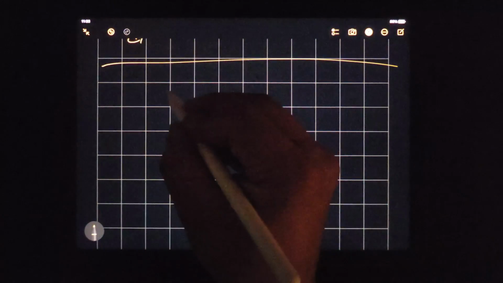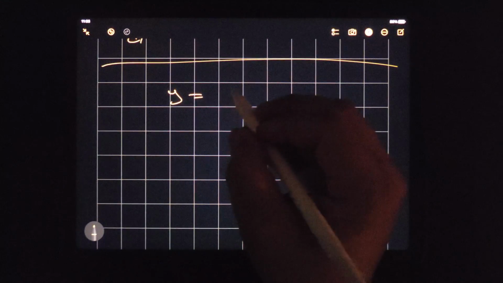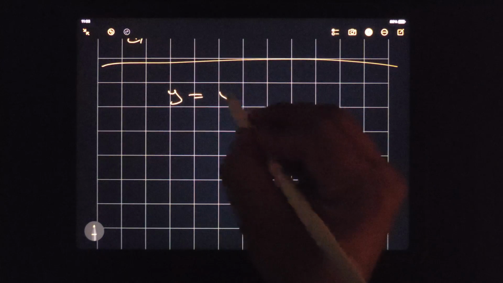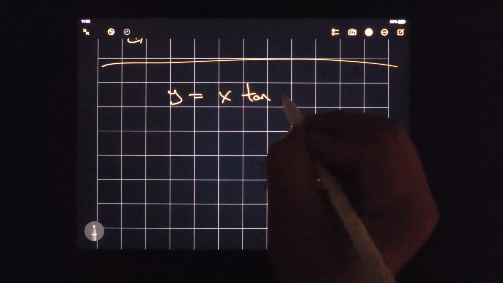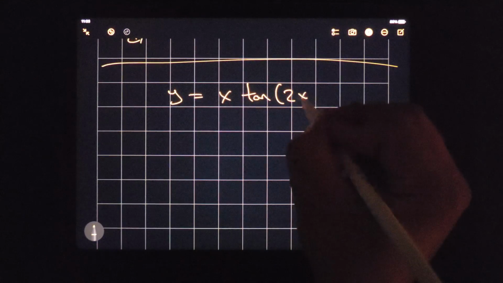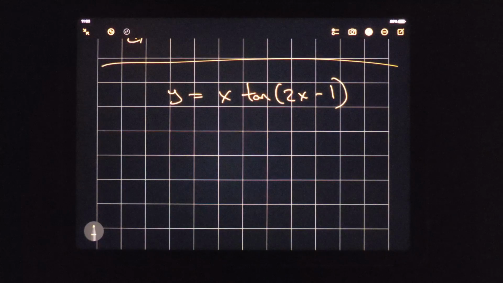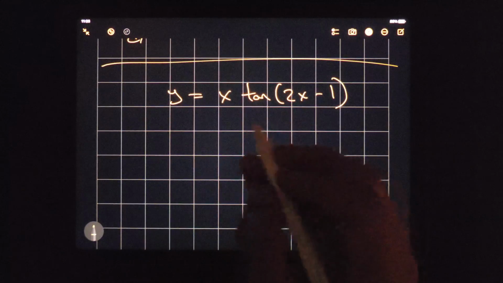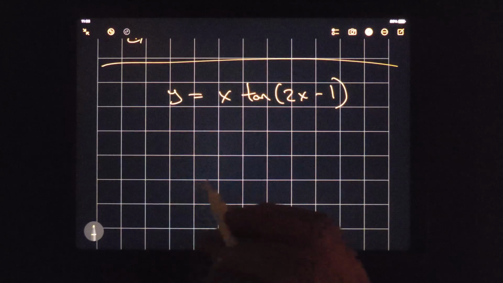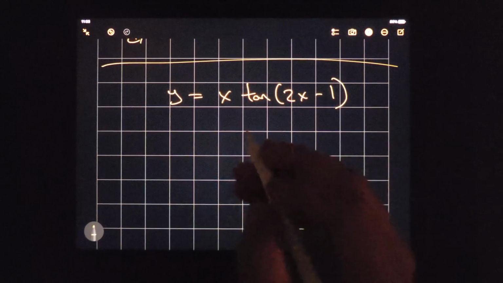Let's try one more. Y is equal to, say, x tan of 2x minus 1. So here we have clearly the product rule that we're going to try.